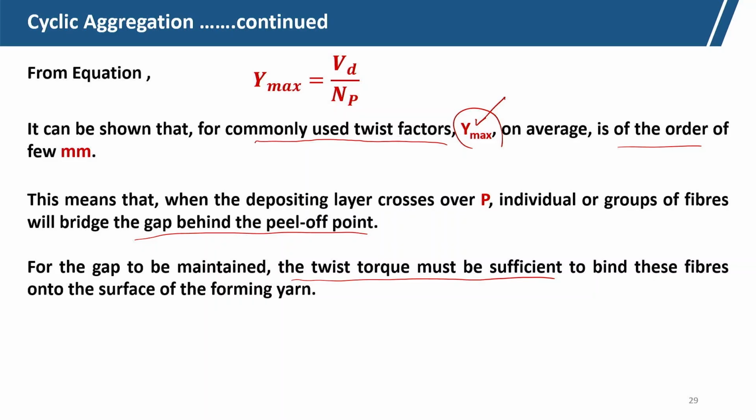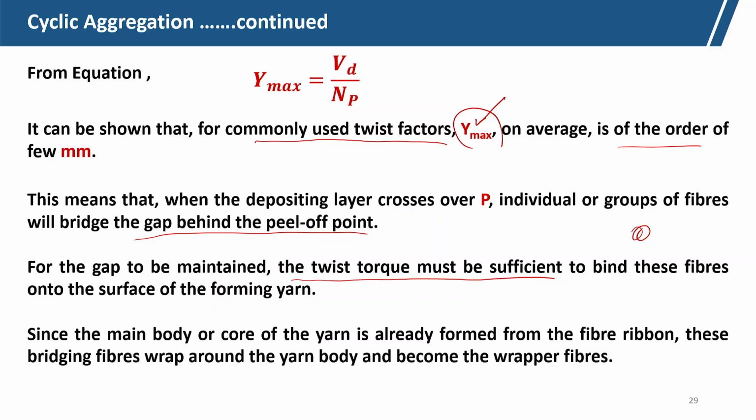So, the bridging fiber effect has to be reduced. If you want to reduce it, the twist torque should be maximum, and these bridging fibers actually form the wrapper fibers.